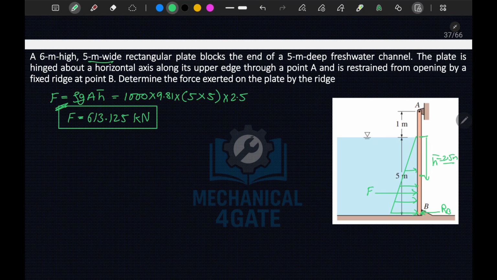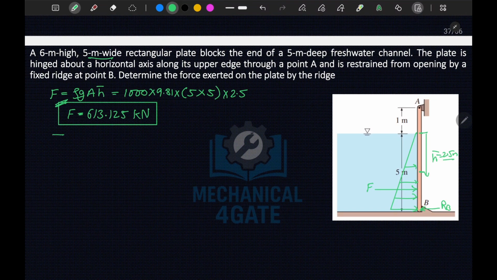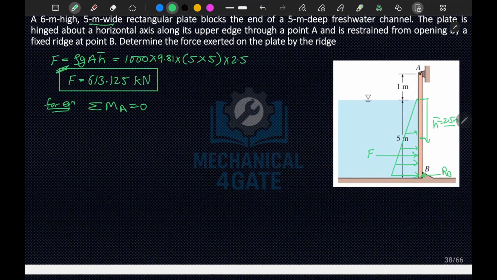Now if I want to calculate the reaction force, or the force exerted on the plate by the ridge, what I can do is, for equilibrium of the plate, say that the summation of moment about A should be equal to 0, okay. And moment about A will be F into this distance, let's say x, equal to RB times the total distance, which is 6 meter.